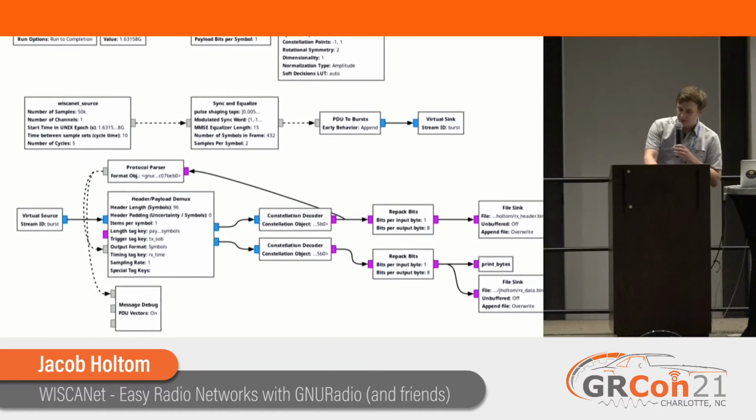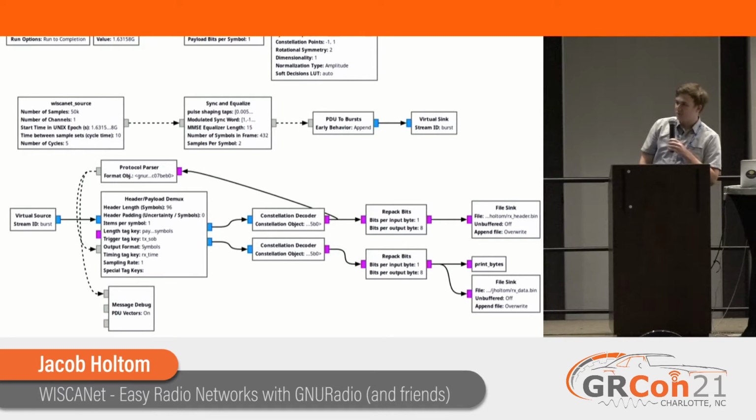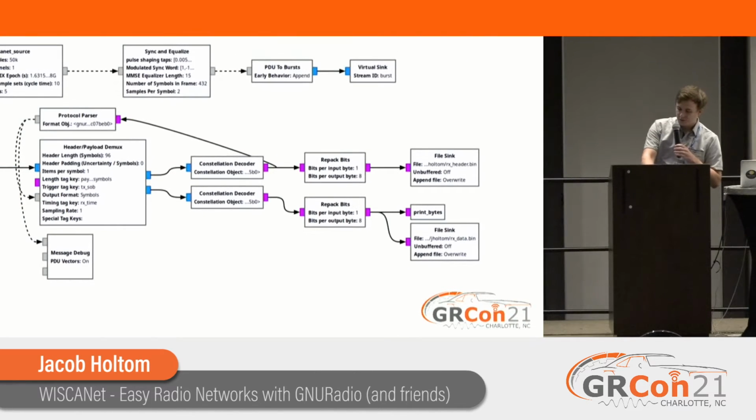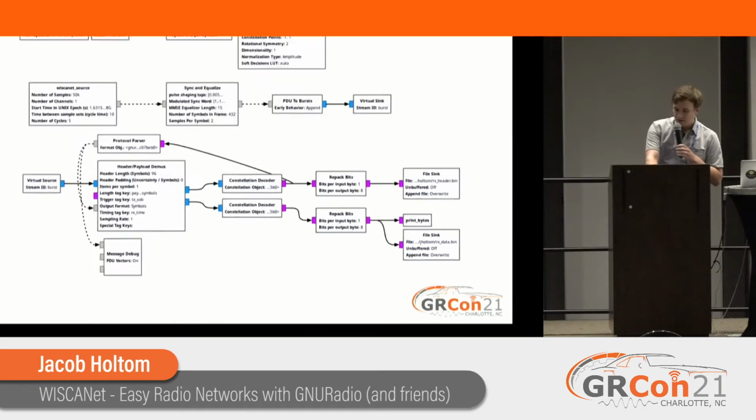Except I've swapped out the synchronizer and equalizer with a really, really inefficient version in Python, just to demonstrate that you can do this and take advantage of something that's closer to the mathematical definition of an algorithm, and then dump it into your code, demonstrate it works, and later figure out the optimizations to do it right from a computational perspective. But then the rest of this looks super familiar with the header payload demux, and then the constellation decoder, the repacking and dumping out your data.